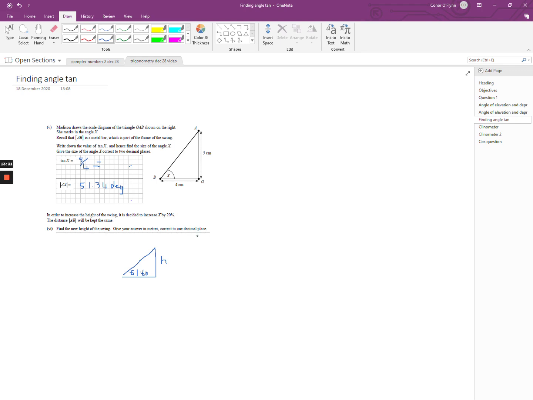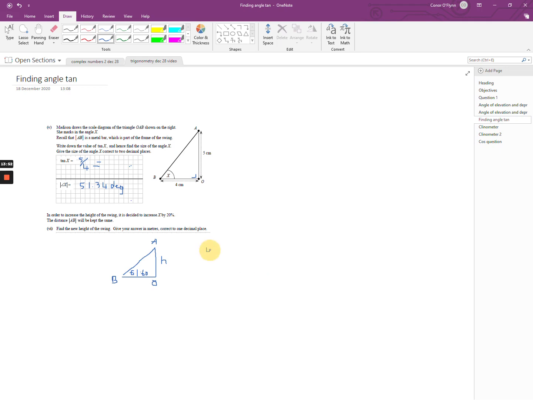Okay, I actually have to get AB, right? I didn't think I had to, but I will. Given that that's a 5, that's a 4, I can use Pythagoras because that's 90 degrees. So we'll call it AB squared.